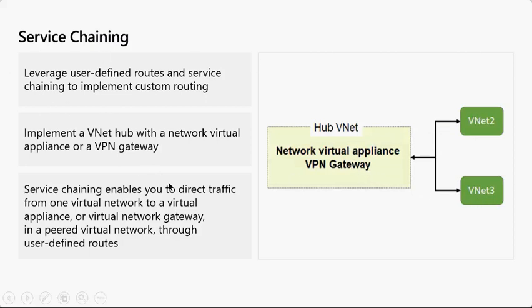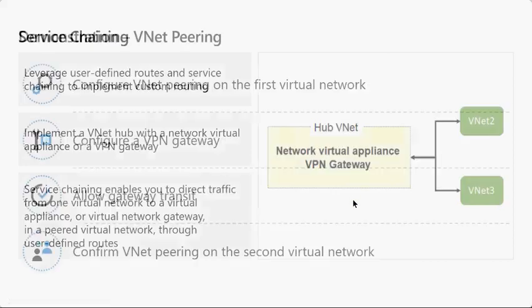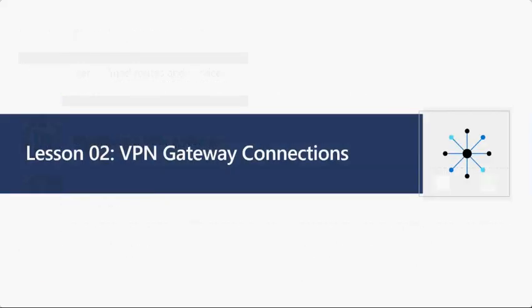That way service chaining will help me protect the traffic, control what's happening in the network, and monitor it. All those things are possible, especially when you have a VPN gateway with a network virtual appliance. So this we'll see when we meet again next time.